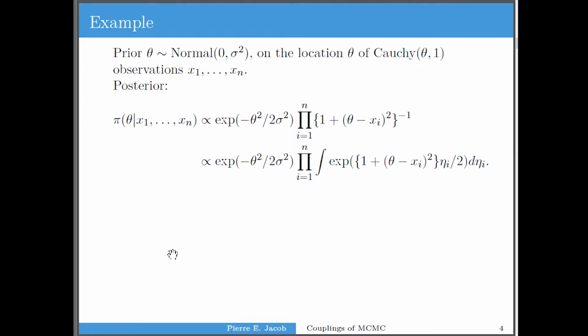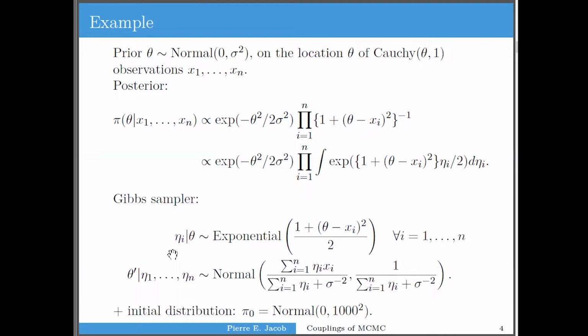It's a classical data augmentation trick, and so it leads to a Gibbs sampler where you would sample the etas given theta from an exponential, and then the next value theta prime, given the etas, as it happens here from a normal, and so it's very simple to implement. So it's a Gibbs sampler, and then you specify an initial distribution, and you have your MCMC setting.